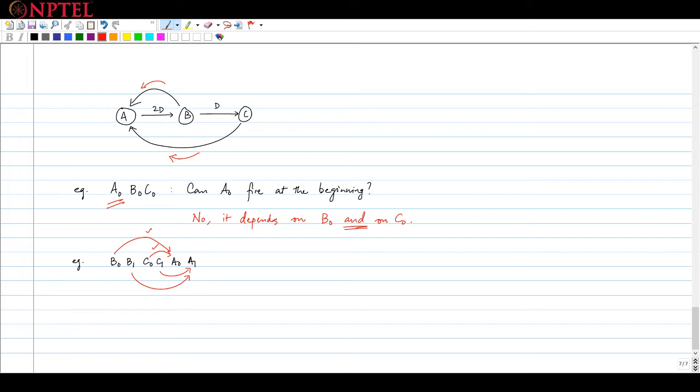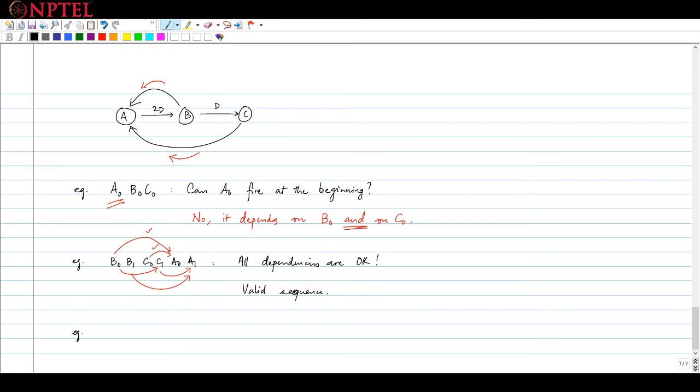Okay? C0 actually depends only on B minus 1. Similarly, C1 depends on B0. So this is also taken care of, and C1 does depend on B0, but that's also a forward direction. So there are no problems over here, right? All the dependencies that we can think of in this case are all taken care of, so this is a valid sequence.